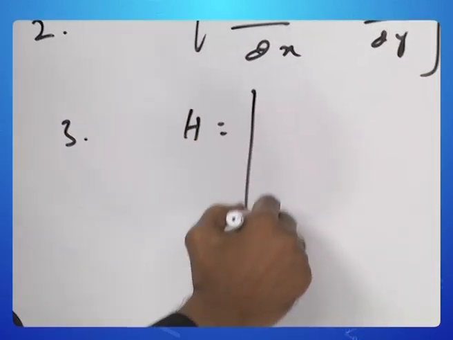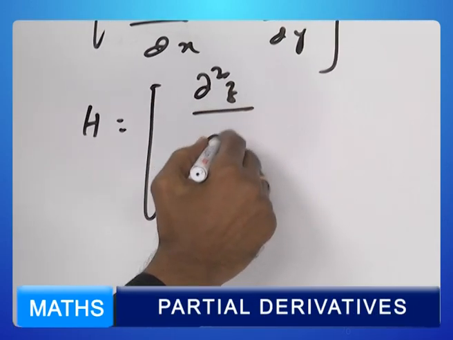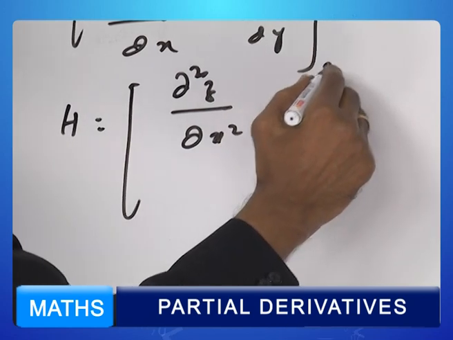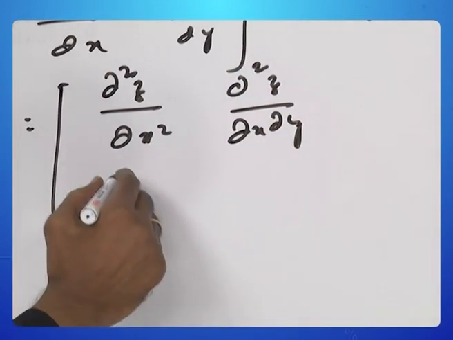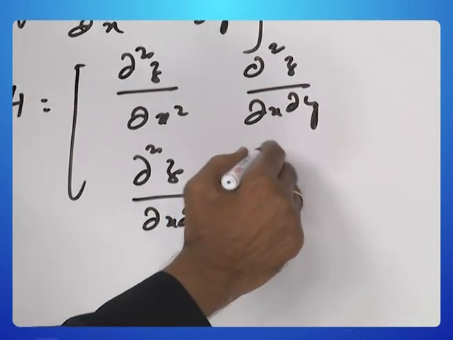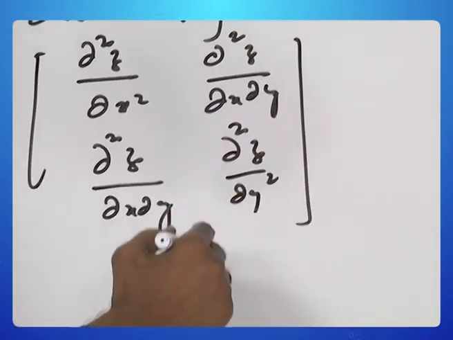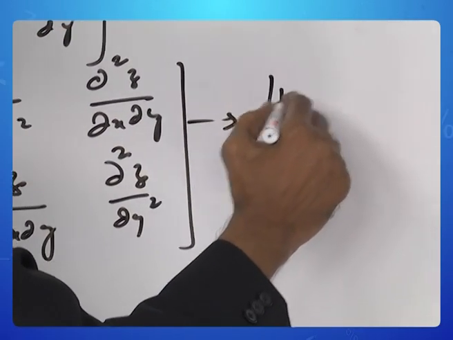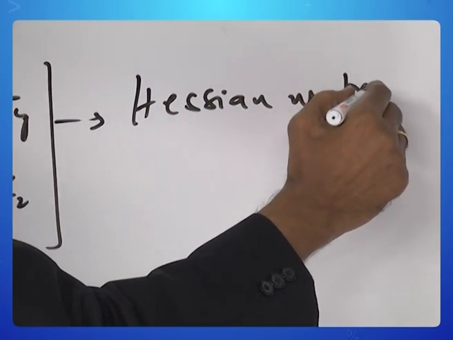Then we can make a matrix ∂²z/∂x², ∂²z/∂x∂y, ∂²z/∂x∂y, ∂²z/∂y², which is called the Hessian matrix.